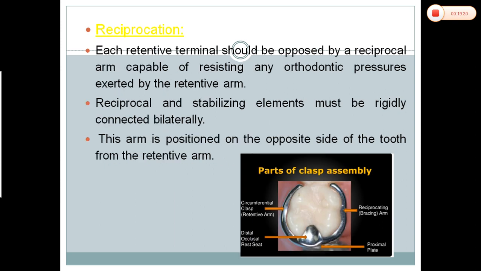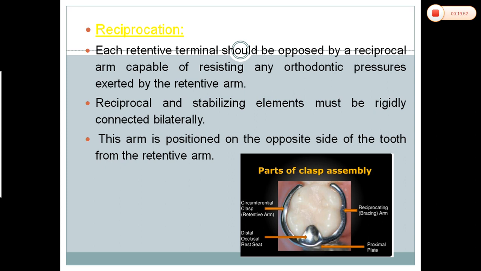Now reciprocation, which we have already seen. When a retentive arm is positioned, as we discussed, the tip of the retentive arm passes over the greater circumference to reach the undercut area.